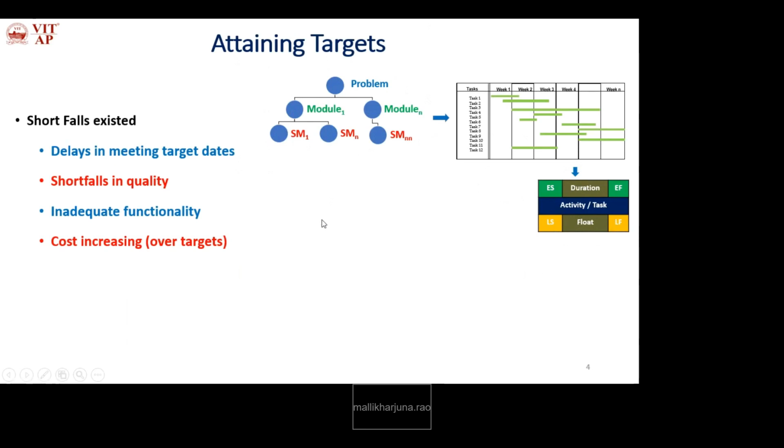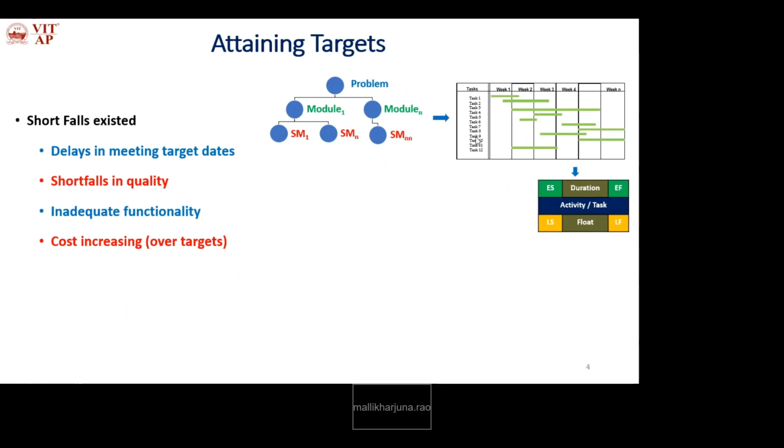So in project development, definitely some critical activities exist. What do you mean by a critical activity? If an activity takes more time than the planned time, it's called a critical activity. So the activities that depend on these critical activities have to wait to start.